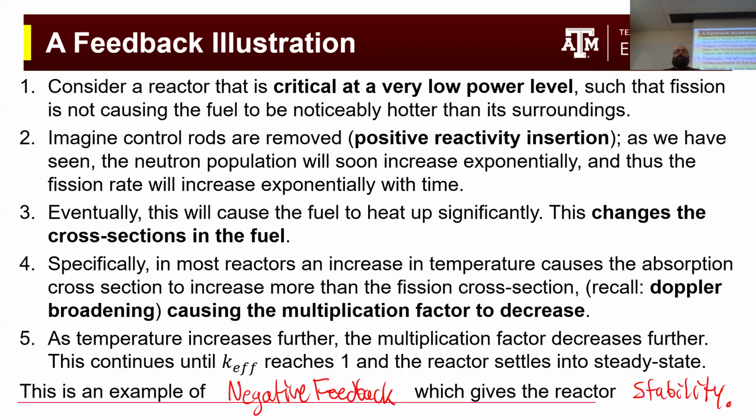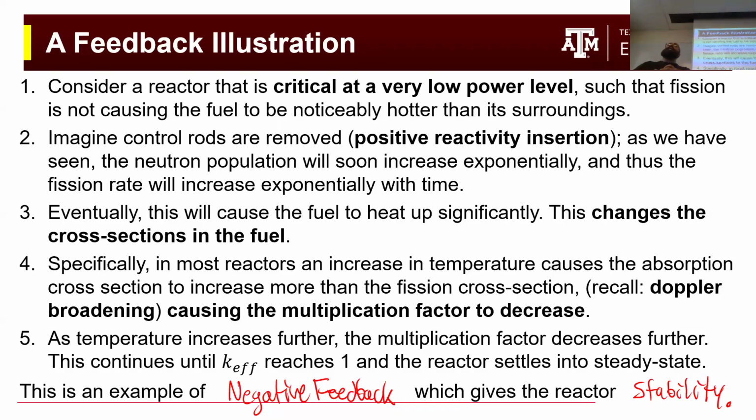In this scenario, it was a positive reactivity insertion, which increased temperature, but then the increase in temperature decreased the reactivity of the system. That's why it's negative feedback: you had a positive insertion of reactivity, and the system responded ultimately by making the reactivity go down. If you have a change that gets reduced by your system, that's negative feedback.